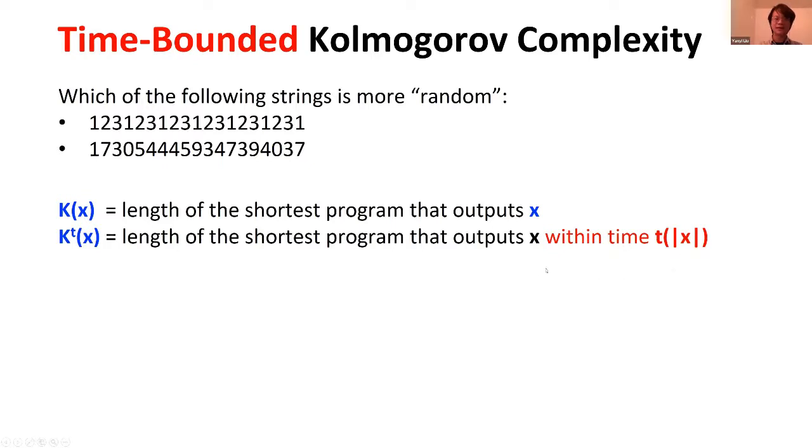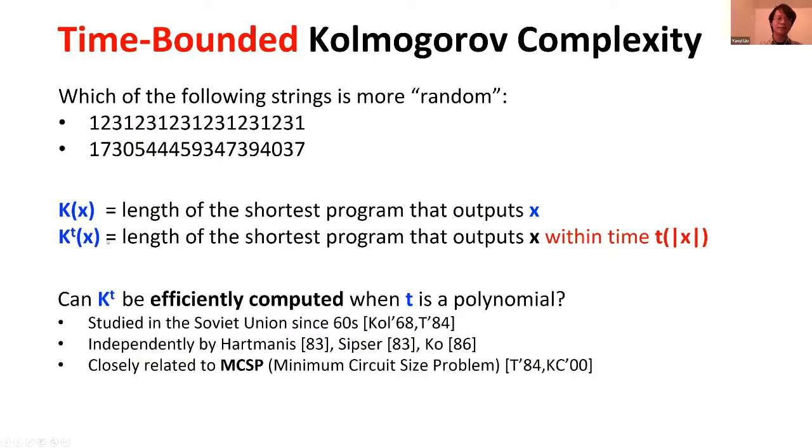With the running time bound, of course, K_t of x is computable. So the question is whether K_t can be efficiently computed when t is a polynomial. This question was studied in the Soviet Union since the 60s, and also independently by Hartmanis, Sipser, and co. in the 80s.